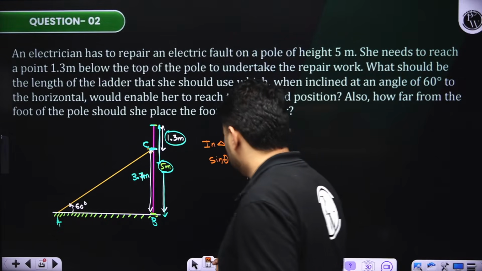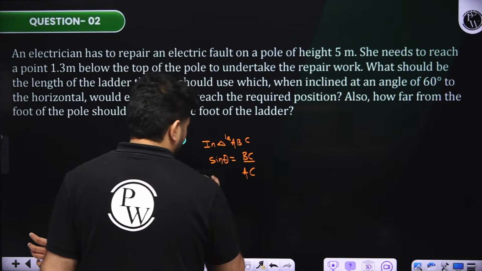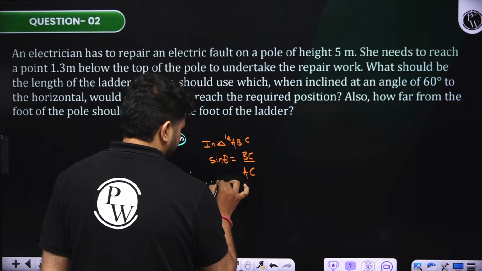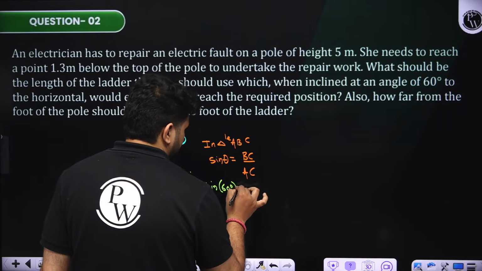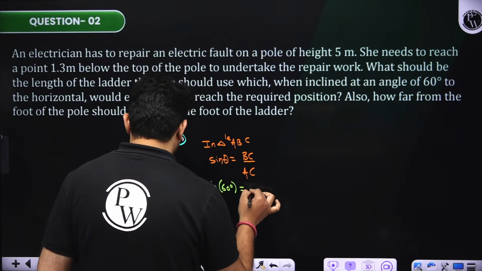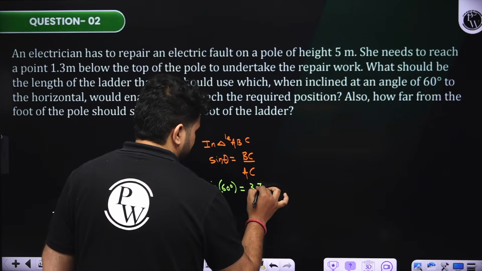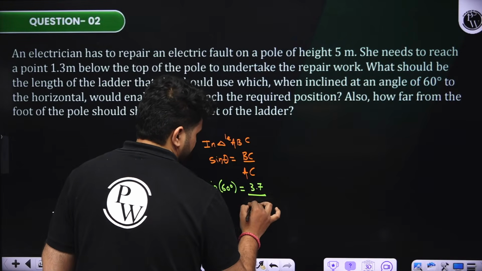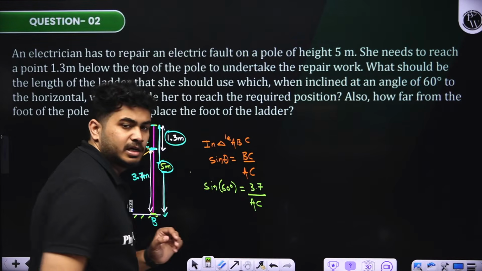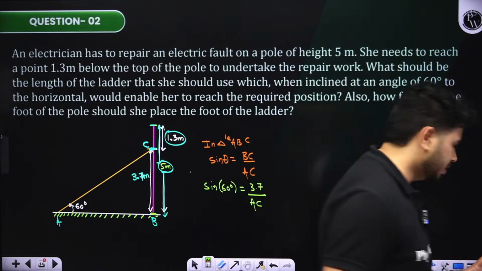So sin 60 degree equals BC, which is 3.7, divided by AC. Clear? No confusion here.